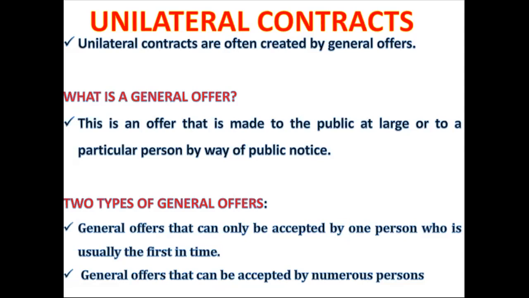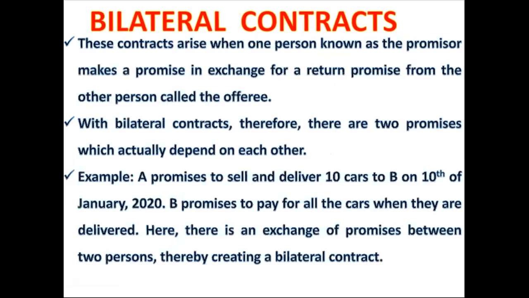One person makes a promise to another who tenders a return promise. And a return promise is what would usually be the consideration for the other promise. So there's a promise by one person, I promise to give you my car. A promise by another person, I promise to pay you 10,000 cedis for it. Bilateral contracts.